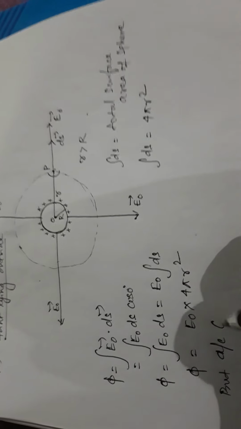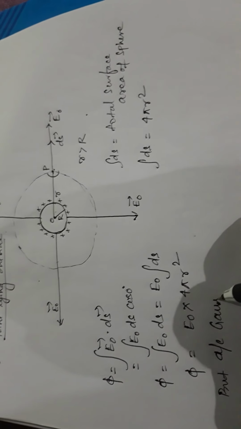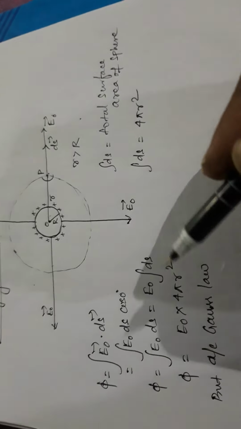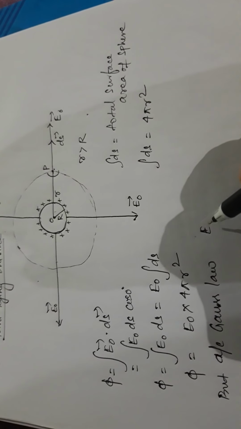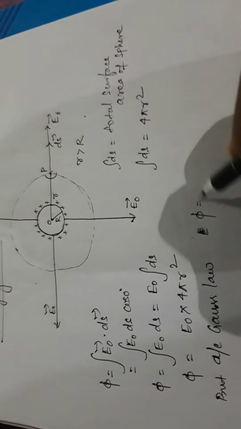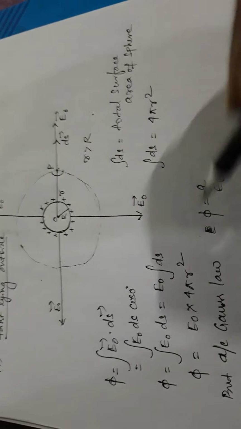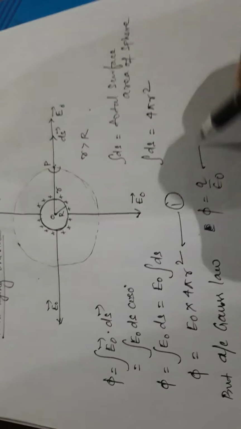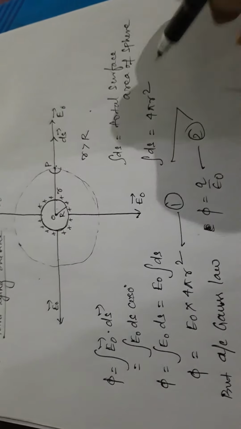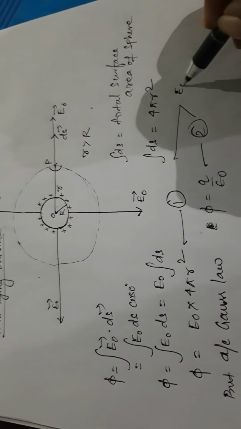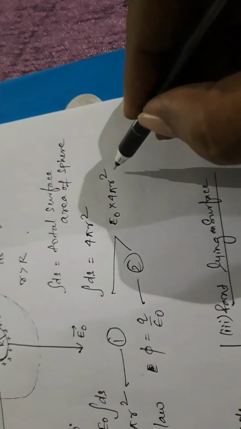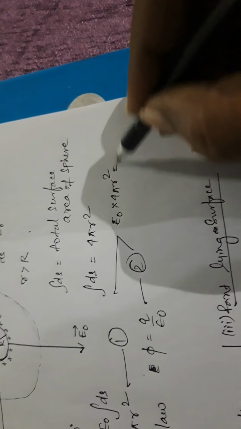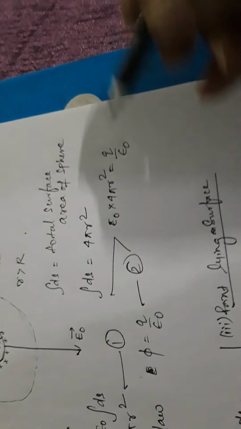Now, according to Gauss law, phi is how much? Q by epsilon naught. Now this is equation 1, this is equation 2. From these two equations, EO into 4 pi r square is equal to Q by epsilon naught.